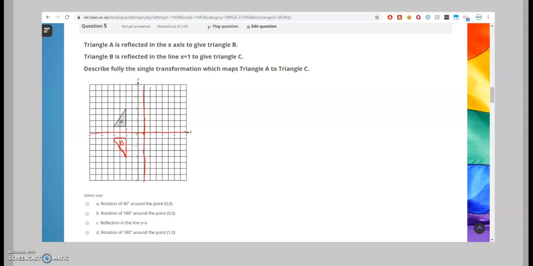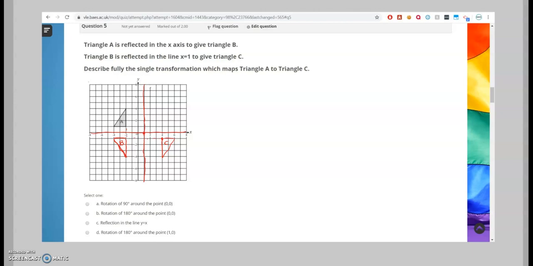Now, triangle C is the reflection of triangle B in the line x equals 1. So we have 1, 2, 3. So we have 1, 2, 3 as well. And we're going down by 3 squares. We're going to the right by 2. So this is triangle C now.